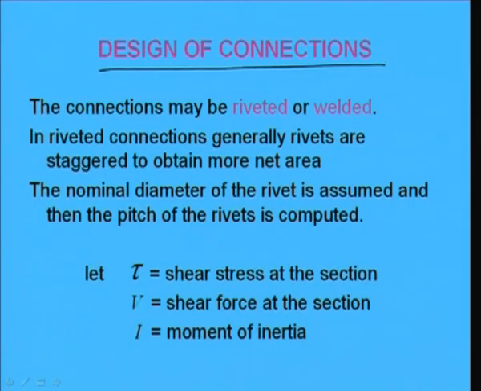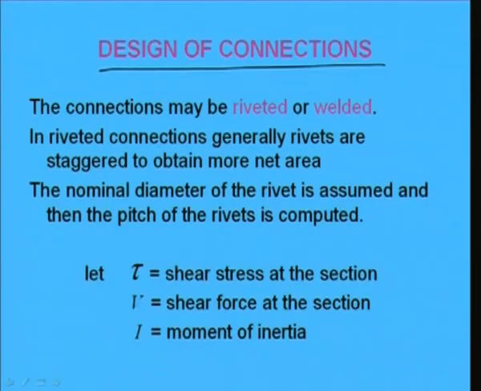Now, as we know, connections mean the connection between the plate and the main section. That means, if we have an I section along with an additional plate, then the flange of the I section and the plate have to be connected properly, so that it acts monolithically, and the connections may be done through riveting or welding. Okay.